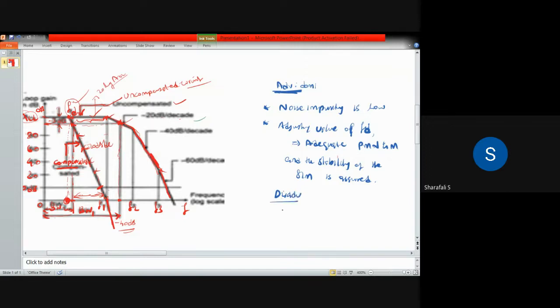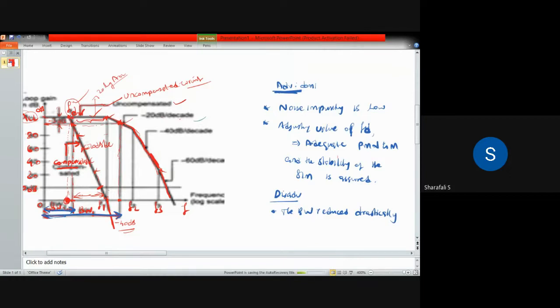Okay. Then we have one disadvantage in this case. Disadvantage, which is the bandwidth reduced drastically. So in this case, we do not have that much bandwidth. As you can see here, bandwidth is this much, but here we have only the bandwidth of this one.